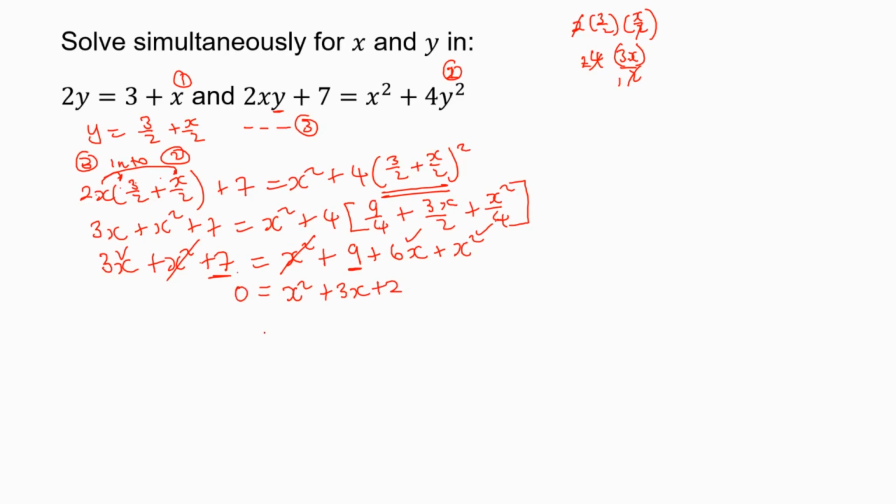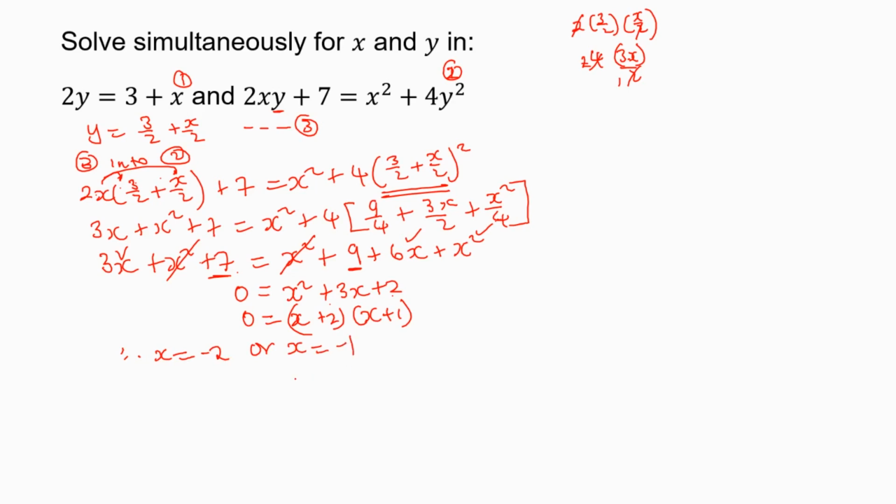Right, now we have our standard form, and then we can easily look for the factors of 2 that will give us 3, that is positive 2, positive 1. This one is easy to factorize, so 0 is equal to x plus 2, x plus 1. Okay, right, therefore x is equal to negative 2 or x is equal to negative 1.